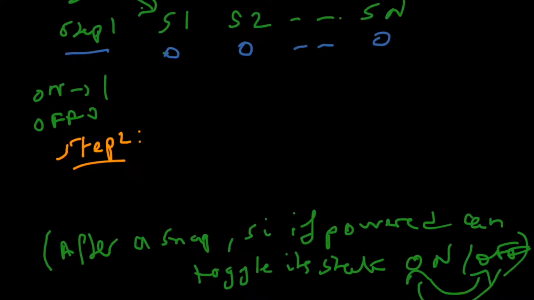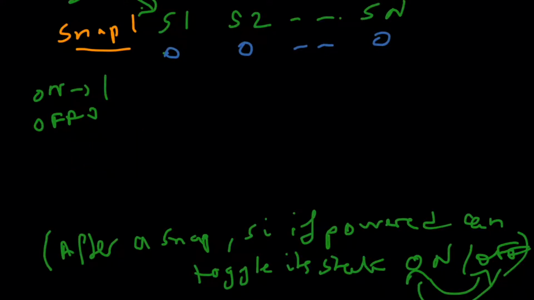Now let's look at step 2 here. We described step 1 where all of them are off. Every step here the user just snaps, so let's call it instead snap 1. Here what happens is snap 1, and here what happens is snap 2.